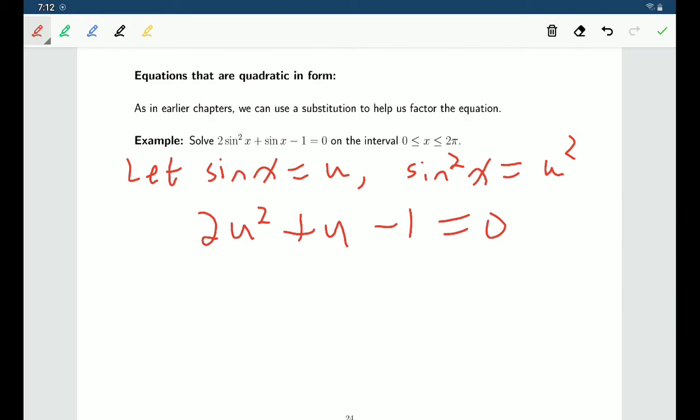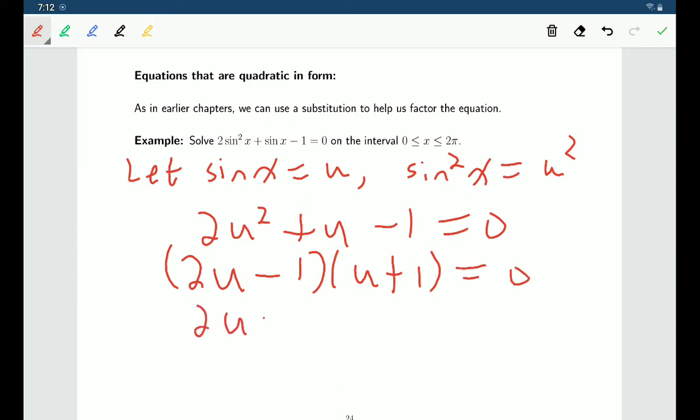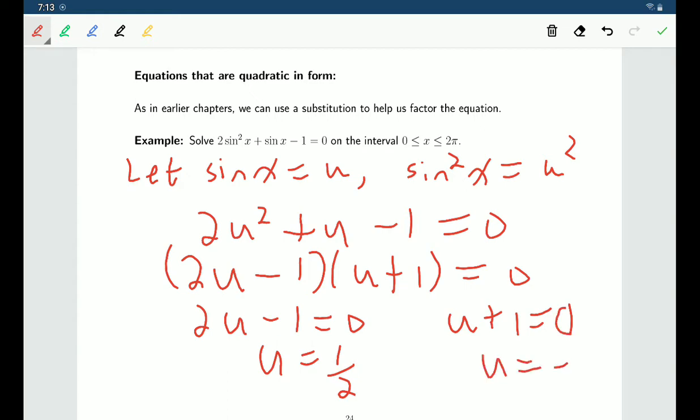And then we would just have to factor that the way that we normally would. And I factored this earlier. This factors as 2u minus 1 times u plus 1. So we'll get two solutions. Either u is a half or u is negative 1.